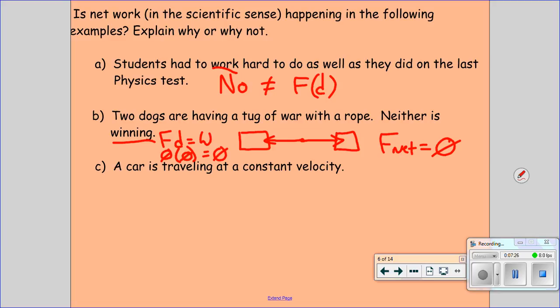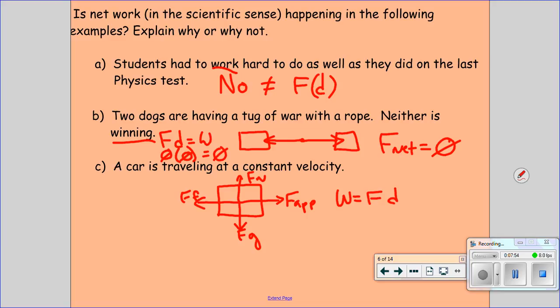The last one, a car traveling at a constant velocity. Well, hopefully you recognized that that car is experiencing a state of inertia where all the forces balance each other out. And since all those forces are balancing each other out, there is no net force.